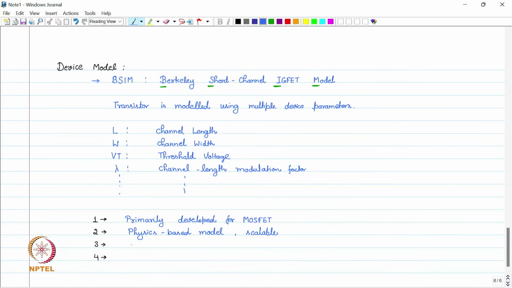There are more than 25 parameters just to model VT of MOSFET. And we have small signal applications.